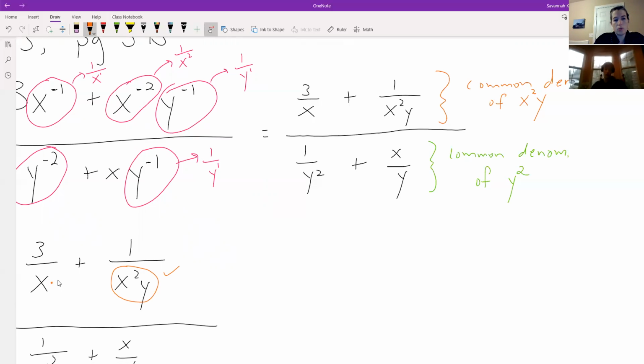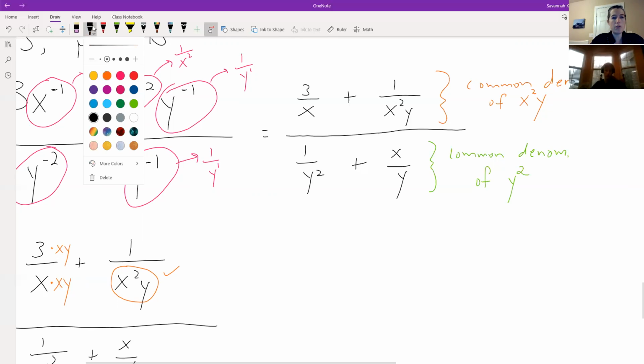I need one more x, and I need a y. And if I do that to the bottom, oh, careful, Matthew. I have to do that to the top. So x times y over x times y looks like all I need to do to fix that so that I've got the common denominator.